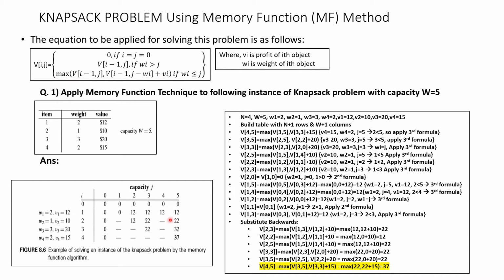It is the same as the bottom-up dynamic programming method. The only difference is we are starting with this box, and we will calculate only whatever is required, not all the boxes unnecessarily.